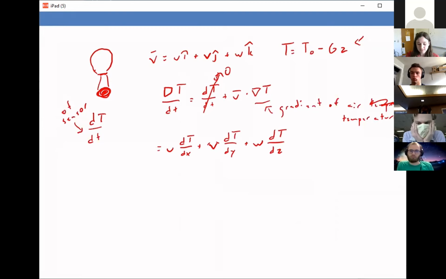It's 0 because temperature doesn't depend on X. So in this case, it only ends up depending on the Z velocity. That's the only thing that affects the rate of change of temperature on this balloon. Like that.